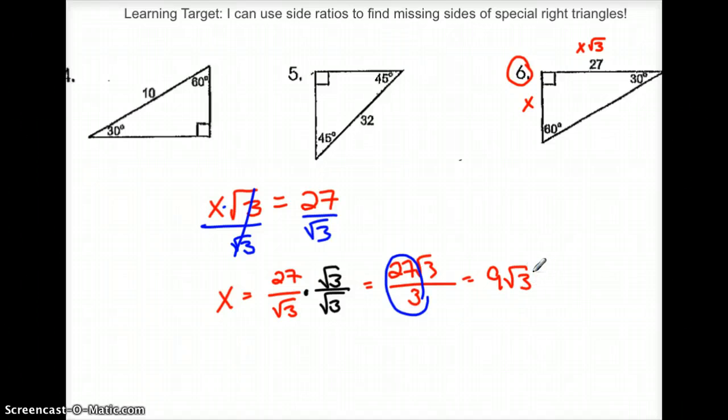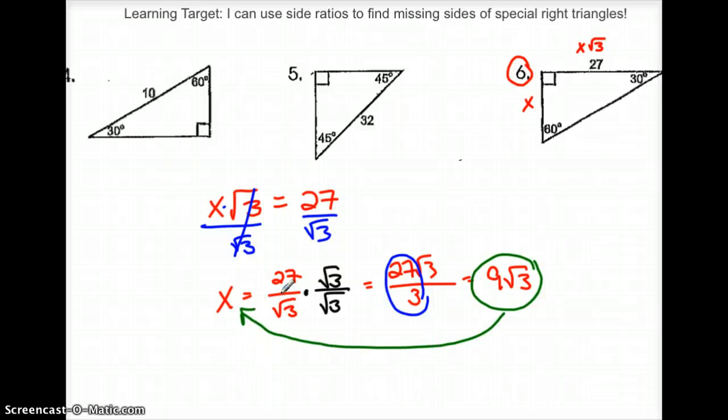Okay, but again, remember what this means. This number represents x. So as far as the picture, that means that this short leg, which is just x, is simply 9 radical 3. And based on the generic sides, the one that I'm missing, the hypotenuse, was twice of x.